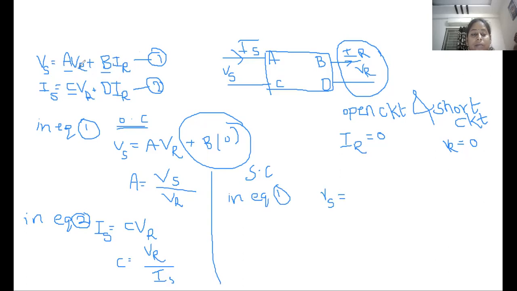So this term equal to 0, equal to B into IR. So B equal to Vs by IR. Okay. And substitute in equation 2.